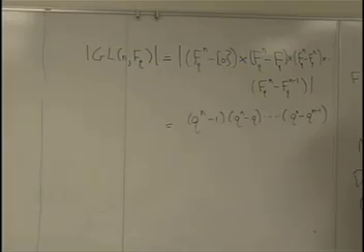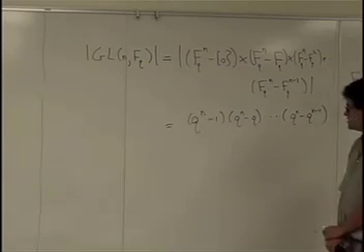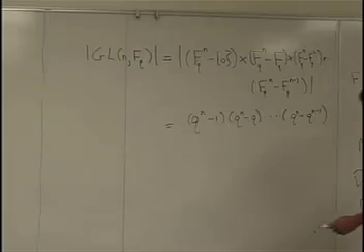So that's how many elements there are in GLN of F sub Q. Now, for various nefarious reasons, I would like to fiddle around with this formula a little bit, to make it look more like other stuff that we've already thought about. So what is this supposed to remind you of? N factorial. Yeah, it's supposed to remind you of a q factorial. So a q factorial would be a very similar sort of thing.